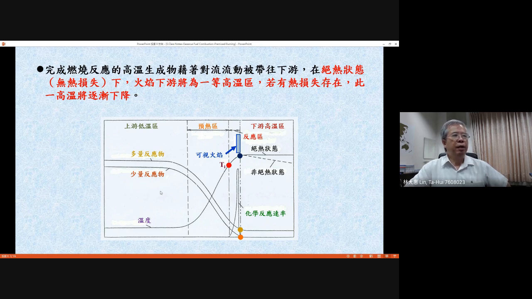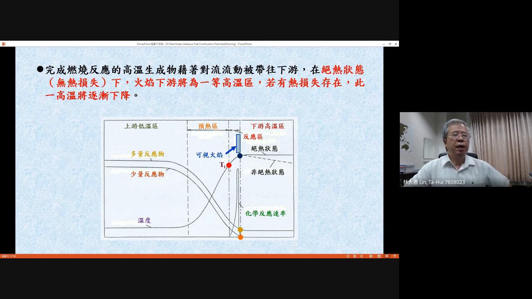In the very far upstream region, temperature is low. Actually, it's almost equal to the initial temperature of your premixture until the flow approaches the boundary of the so-called preheating zone. In this zone, the temperature starts to increase very fast and reaches the ignition temperature.